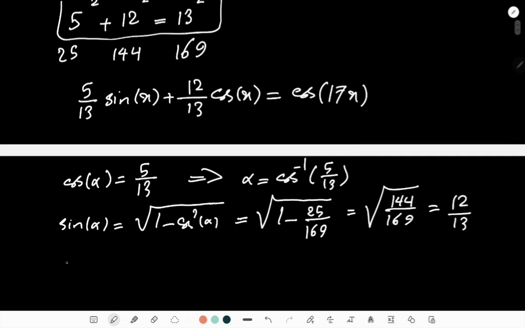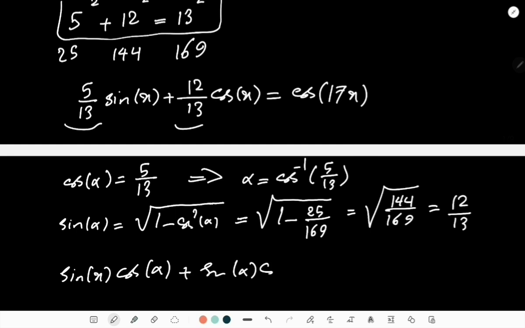And then I'm just going to replace these two, and then I have sine of x cosine of alpha plus sine of alpha cosine of x. This is equal to cosine of 17x.